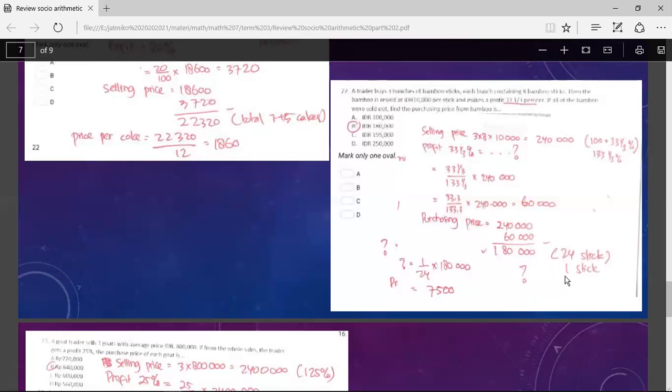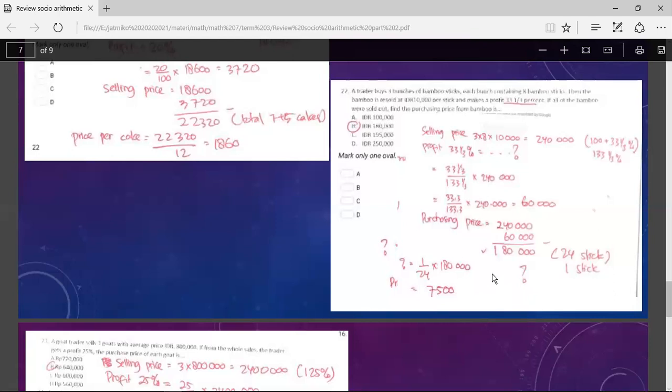And then for one stick, you can use comparison again. So 24 is 180,000, so 1 will be less than 180,000. Then the comparison is 1/24, the smaller on top, times 180,000, which is equal to 7,500 rupiah.